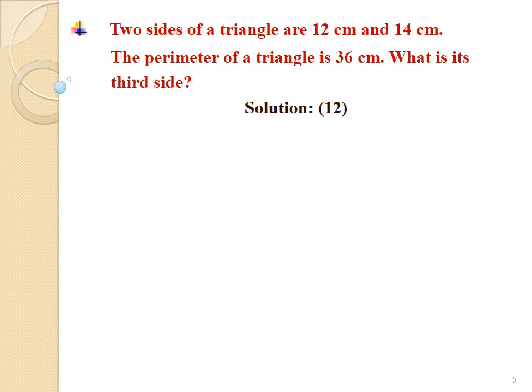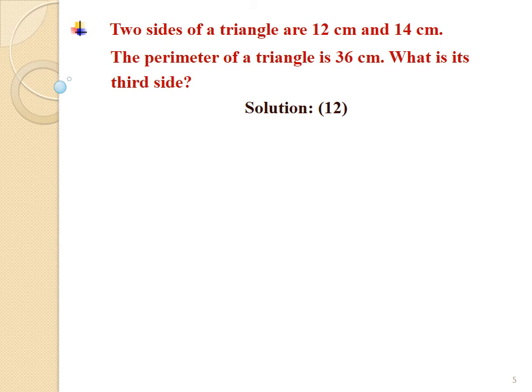Students, we know that perimeter means the sum of all the sides. Thus, in order to find out the third side of the given triangle, we have to subtract the sum of two sides of the triangle from the perimeter of the given triangle, which is the sum of the three sides.